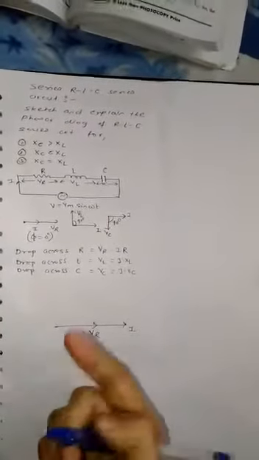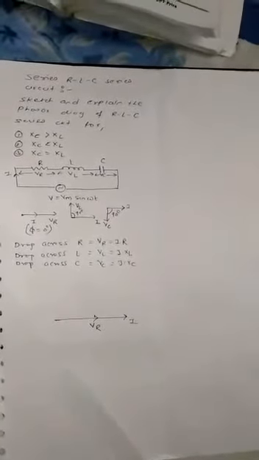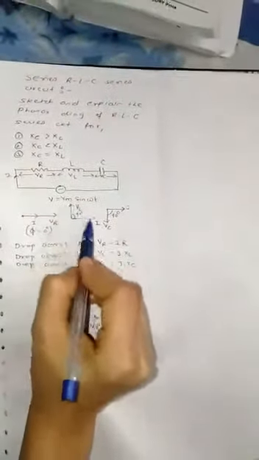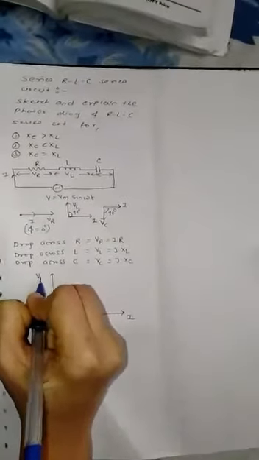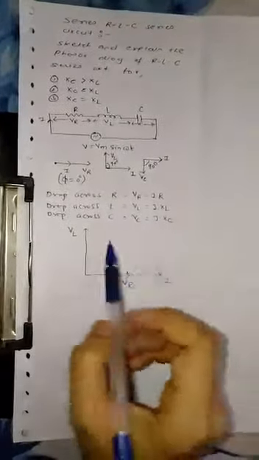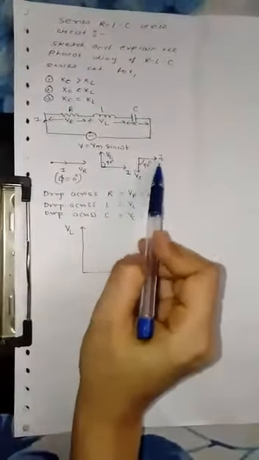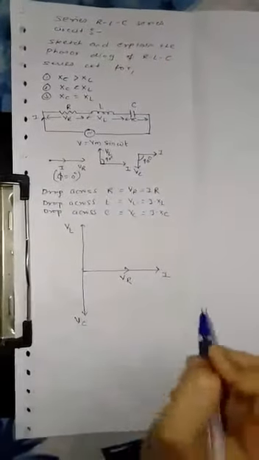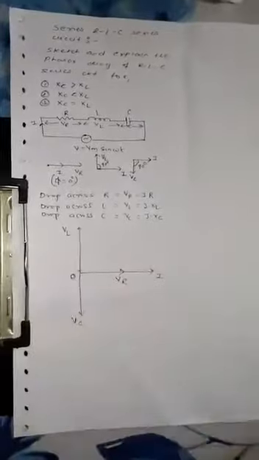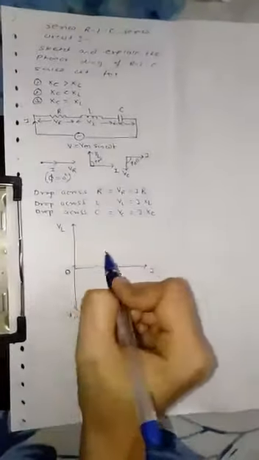Third, the voltage across the inductance, VL, leads the current by 90 degrees, so I draw VL here. Last, VC lags the current by 90 degrees, and I draw VC here. This is the point O.